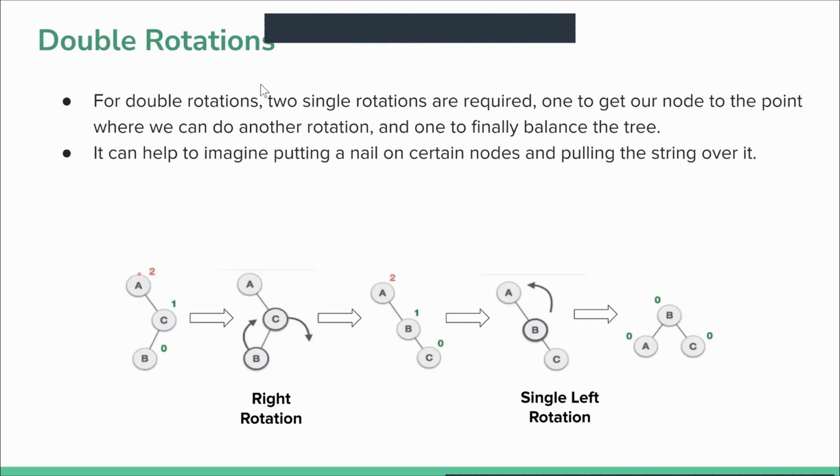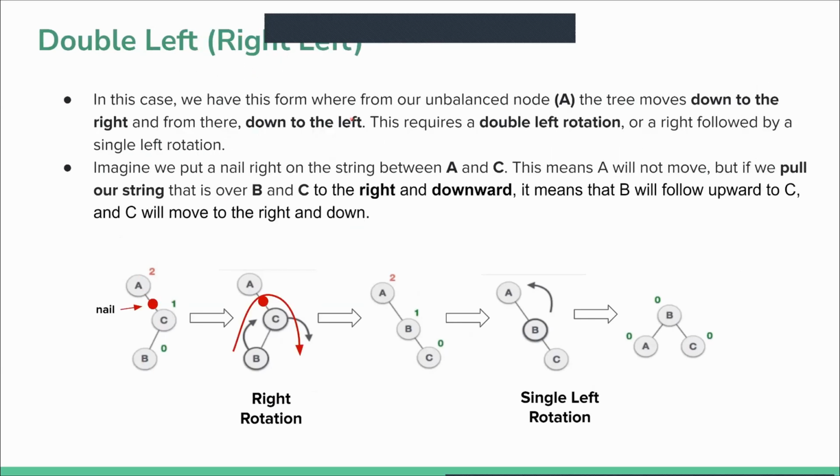Because we have right-left in this double left case, we first need to get it into a state where it's right-right or left-left. In this case, it's right-right. After we do that, we can perform one of those single rotations that we learned a few seconds ago. I imagine there's a nail here, or a pivot, whatever you'd like to call it, and you pull these nodes around it.